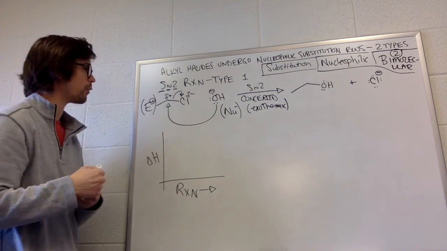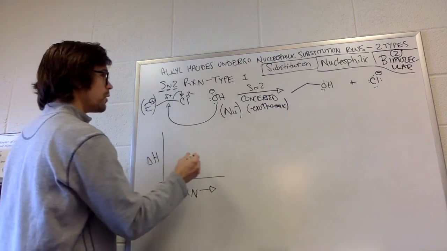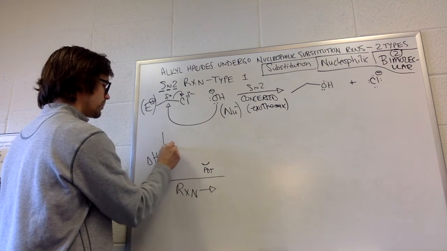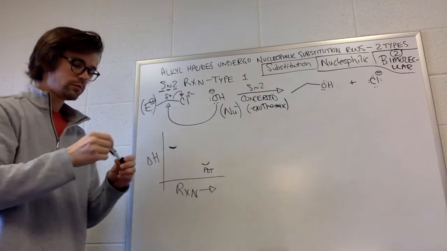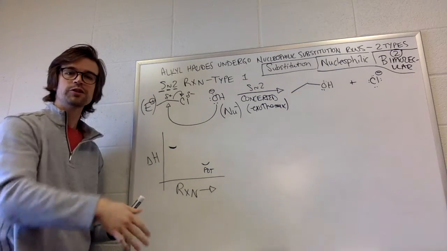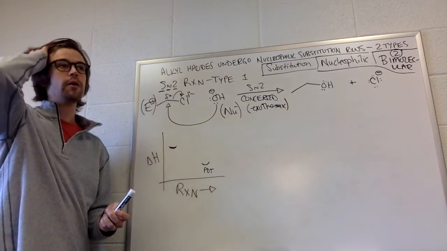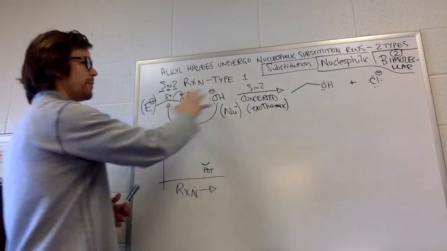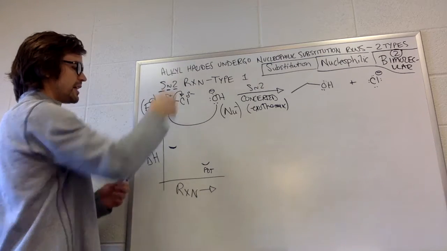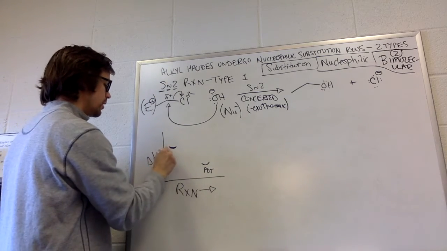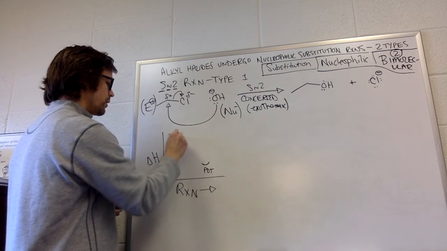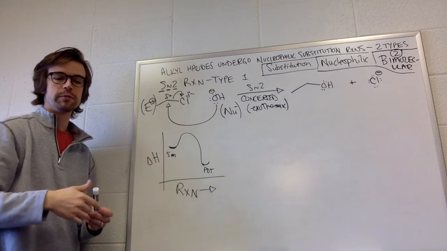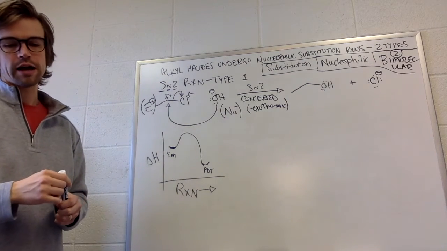It's exothermic, so we know that the products are lower in energy than the starting materials. How many hills are we going to have? Well, we need a hill for every step in a reaction mechanism. This happens in a single step. That happens at the same time that happens. So the starting material only goes through one transition state to the products. Just one hill here, because this is a totally concerted reaction.